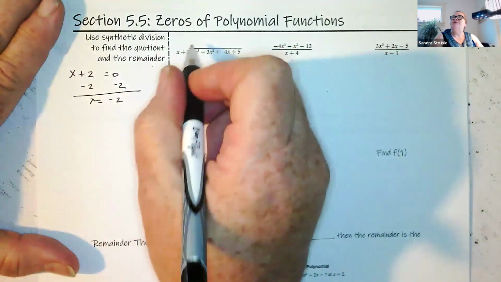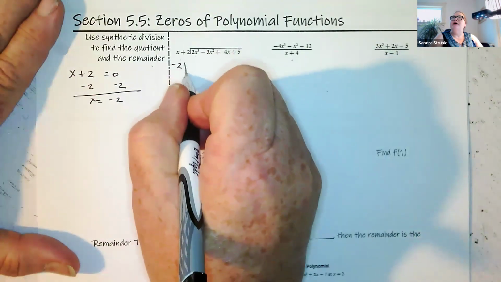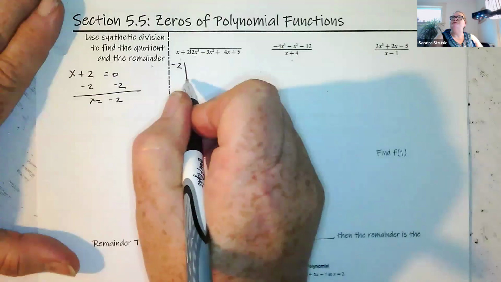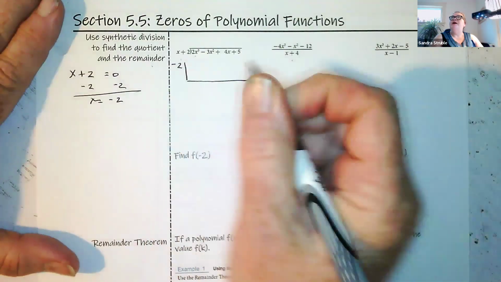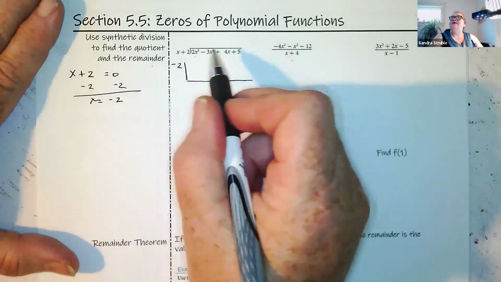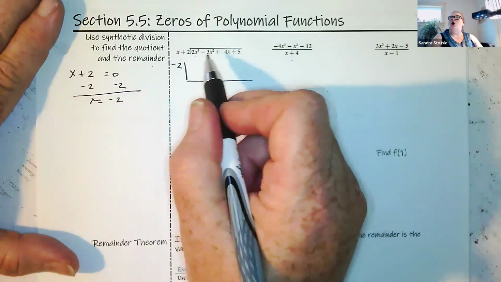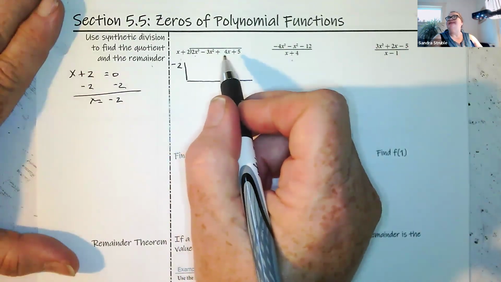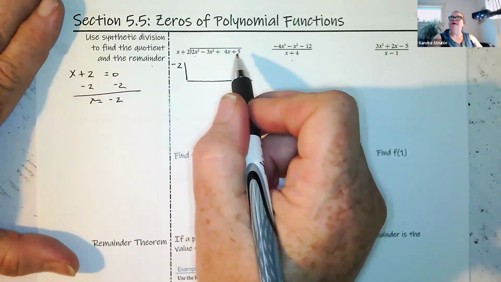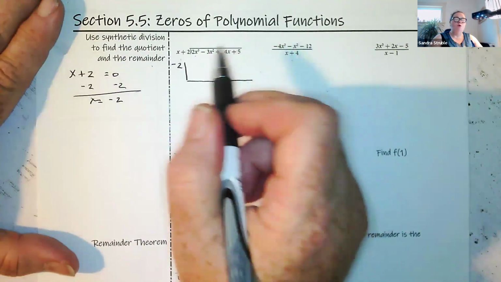For synthetic division, you're going to take the -2 and put it off to the side. Now, the first thing you need to think of is, are these in order from highest to lowest, and are all x's and constants represented? We've got x cubed, squared, the first, so we're good to go.